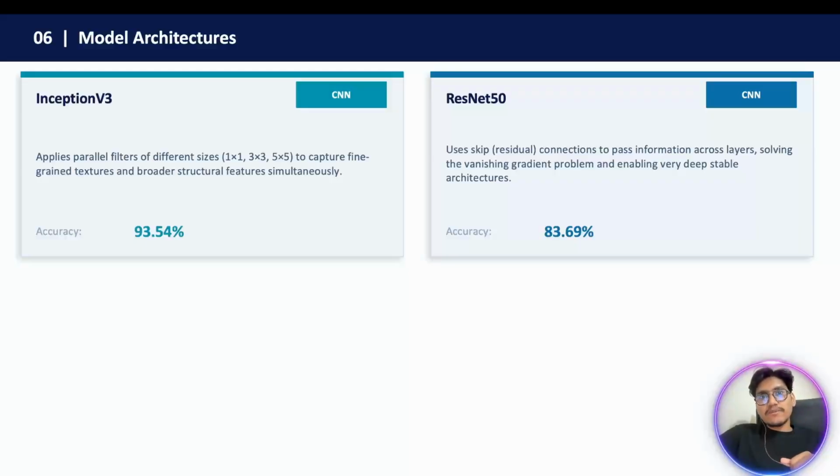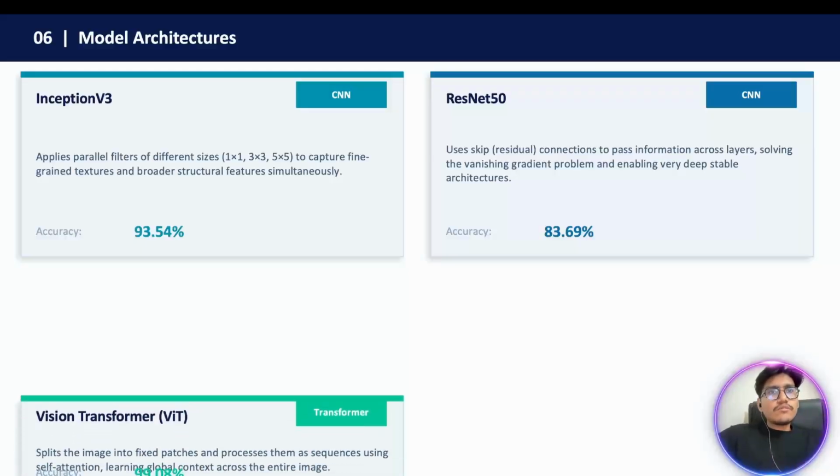ResNet solved this by adding shortcut connections that skip over one or more layers, allowing gradients to flow directly backward through the network during training. ResNet 50 specifically has 50 layers. Its accuracy in this study was 83.69%. This is the lowest of the 4 models, ResNet 50, suggesting that deeper residual networks without attention mechanisms may not be optimal for this particular task.